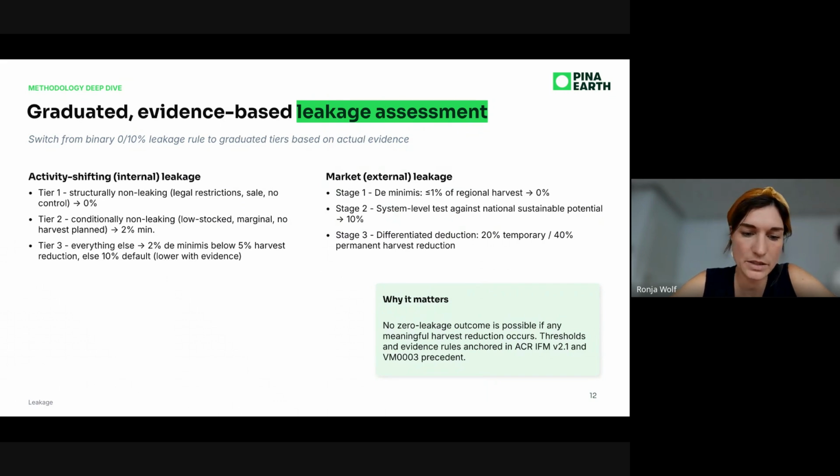So we're comparing this to the total harvesting occurring on the national level to see if this would have a high enough influence to even move the needle on the market side.